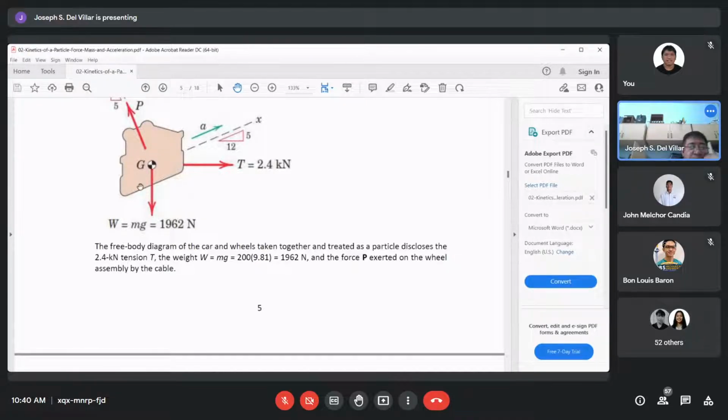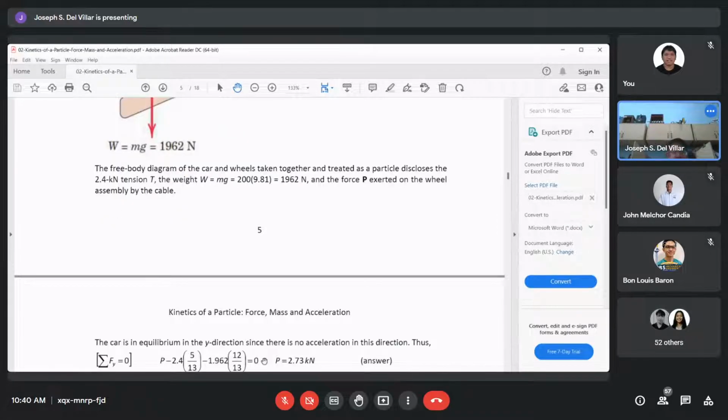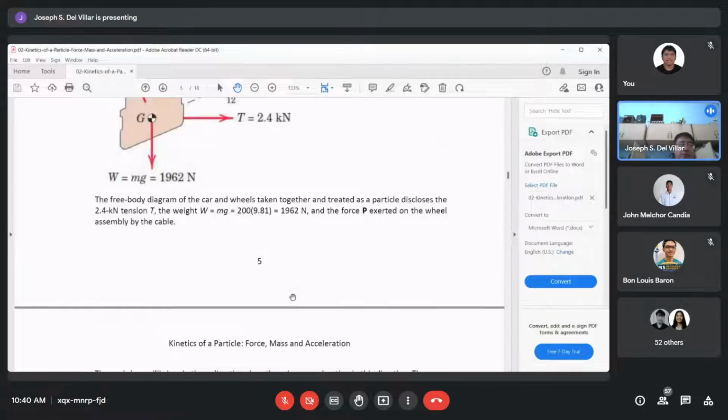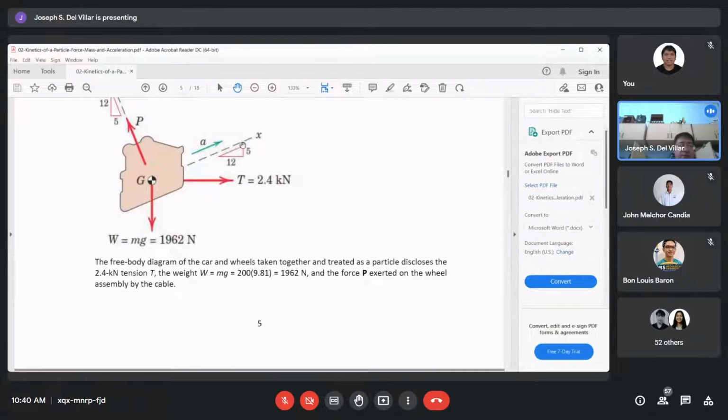Okay, this one. So we have 12 over 13 is equal to 0. So one equation, one unknown in P, we have the value of P is 2.73 kilonewtons. Okay. Any questions here on the figure?